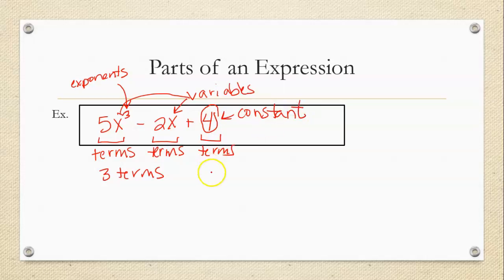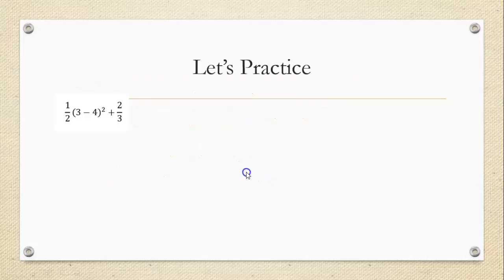So there's no variable with it, right? It will always be 4. That's it. It's not going to change. It's going to stay constant. The second term has an x with it. So depending on what the x value is, this term will change. So that's the difference here. This 4 has no x with it, so it is a constant. So we're going to use these words to talk about expressions and equations.